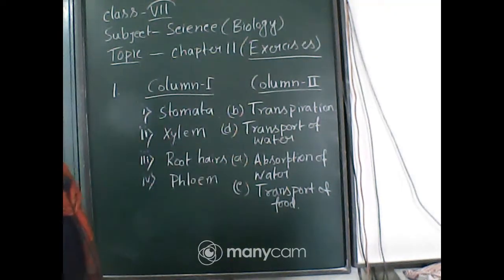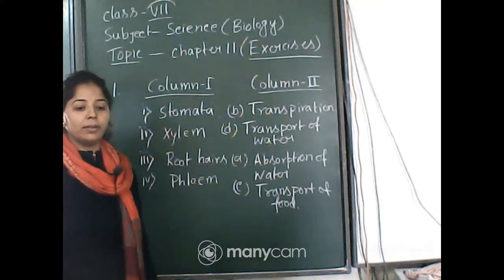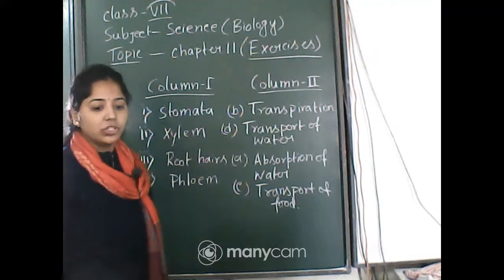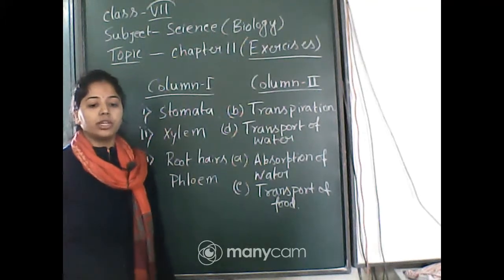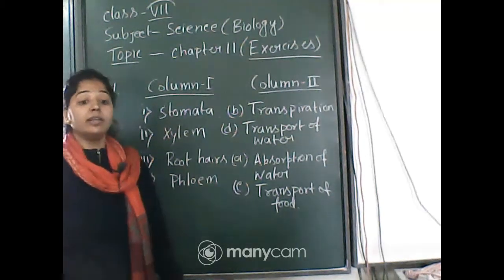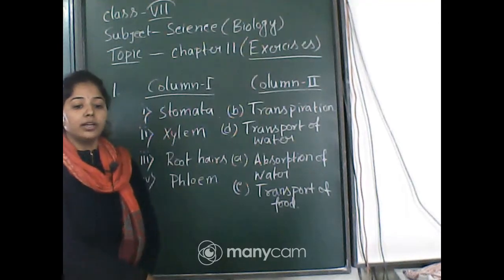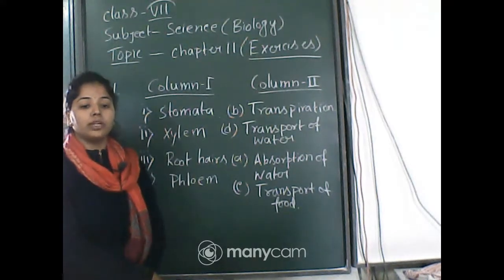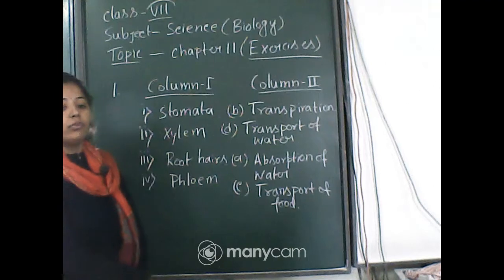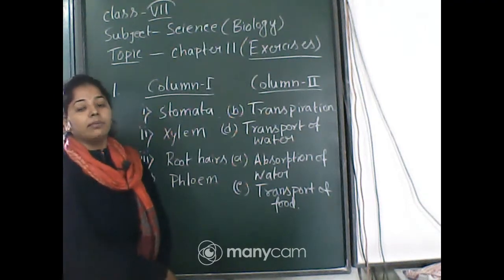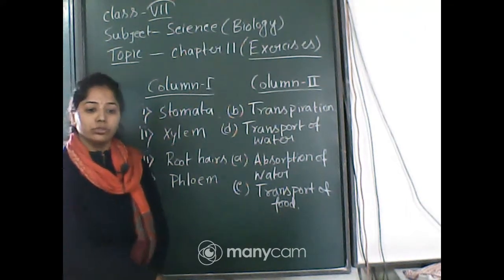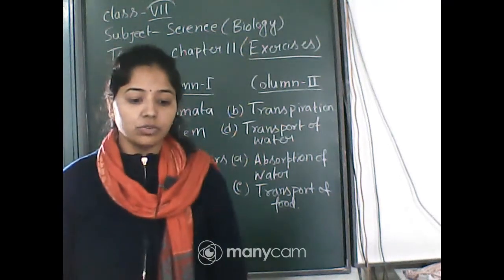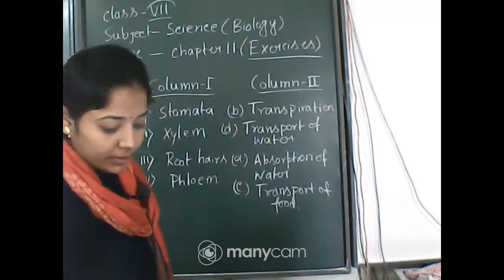So here we can see the full column 1 and column 2 with proper matching. Stomata: transpiration; xylem: transport of water; root hair: absorption of water; phloem: responsible for transport of food.